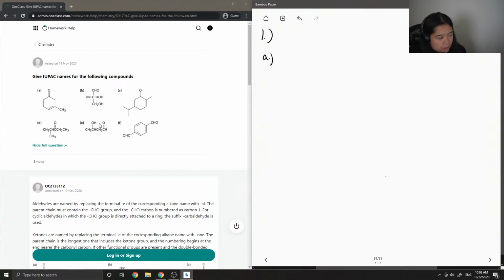The first compound has a 6-membered ring, the carbonyl group, a double bond, and also a methyl group sticking out as well.